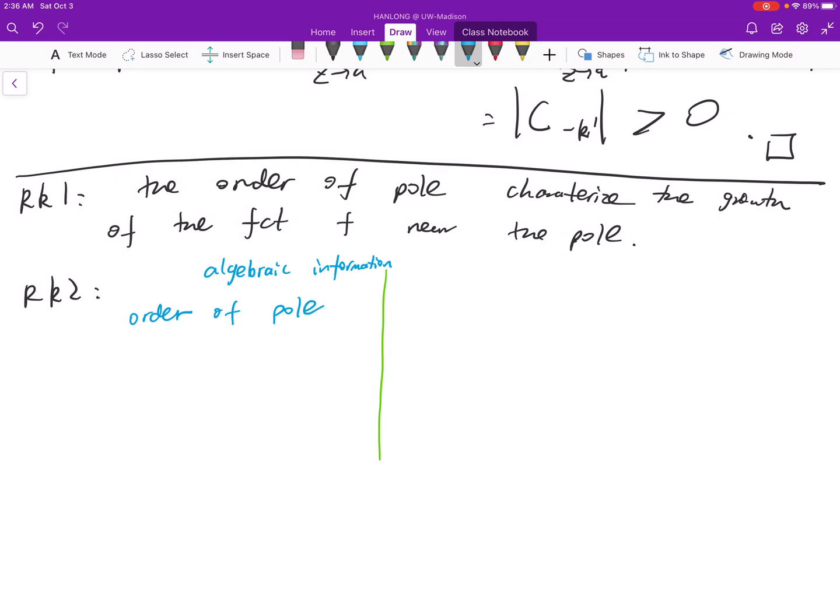From the proof or from the definition, you know it's an integer, and it has very elementary algebraic properties. On the other side, you have the analytic information, the growth of function f.